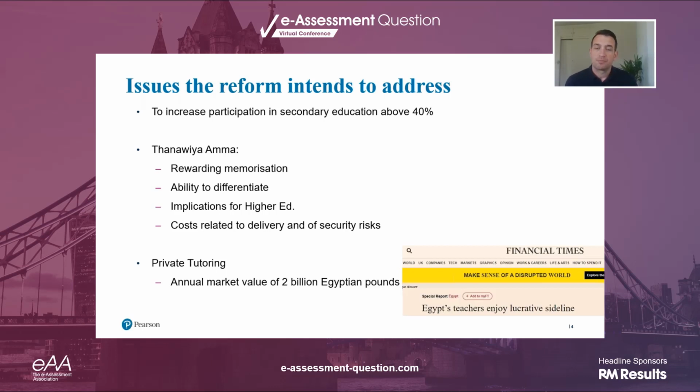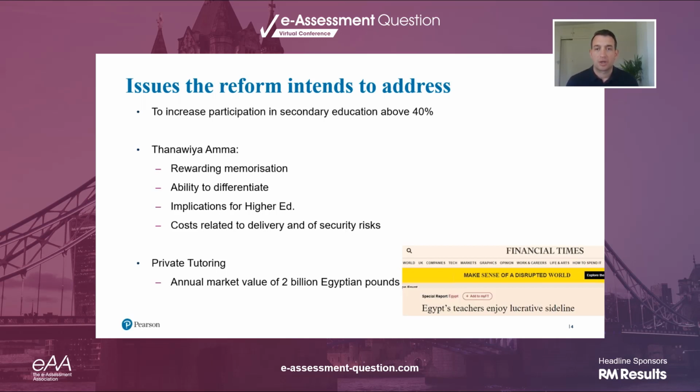The final issue is around private tutoring. What has emerged in Egypt is an unregulated shadow economy worth 111 million euros annually around private tutoring. There is anecdotal evidence that teachers of the curriculum will issue letters to students at the start of a term of study, and that letter will set out terms by which private tutoring fees are encompassed.